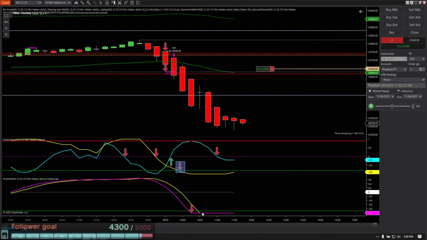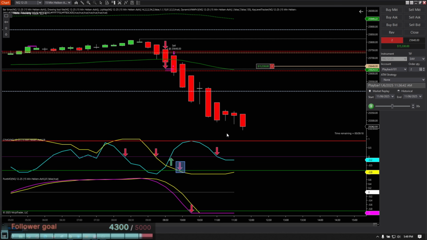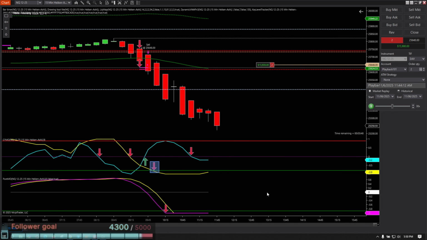And whenever momentum falls below this threshold or goes above 0.90, that means momentum is really, really strong, especially on a 15-minute time frame, okay? And right now, momentum is extremely strong with the indicator being below the 0.90 range.